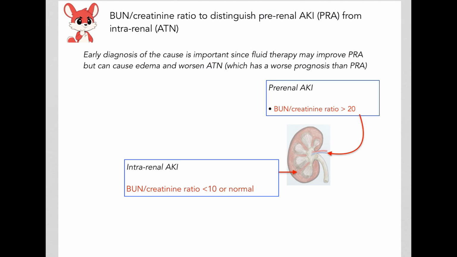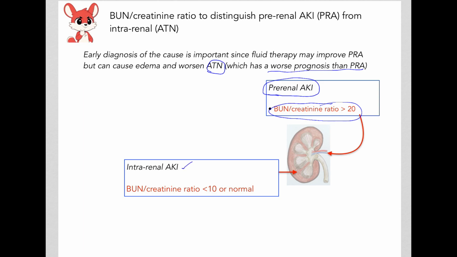In addition, ATN has a worse prognosis than PRA. So if we could differentiate these two, we can get an idea of the prognosis for the patient. So how do we differentiate the two? In case of pre-renal AKI, the causes of pre-renal AKI, we see BUN creatinine ratio greater than 20.